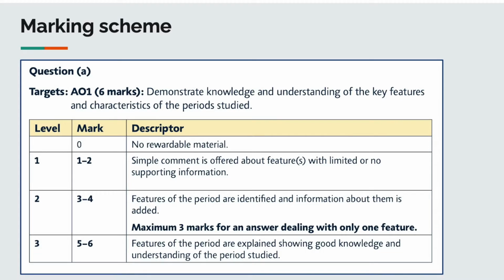Here we go. This is the marking scheme. As you note, it is a 6-mark question. The 1 to 2 range is just individuals who perhaps do not know what the vocabulary word being asked of them is.